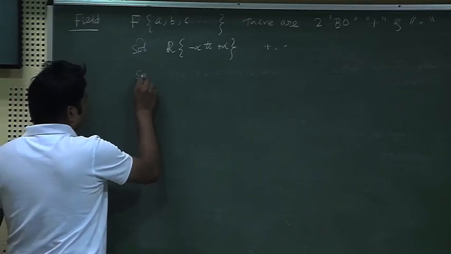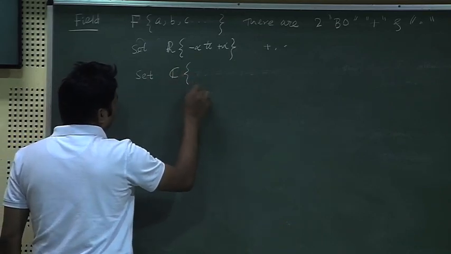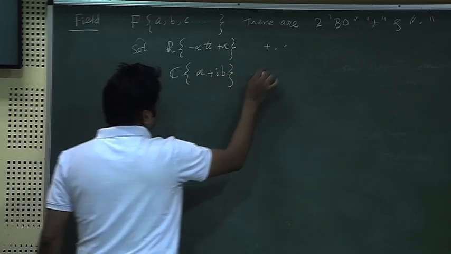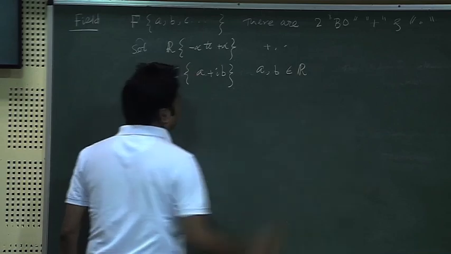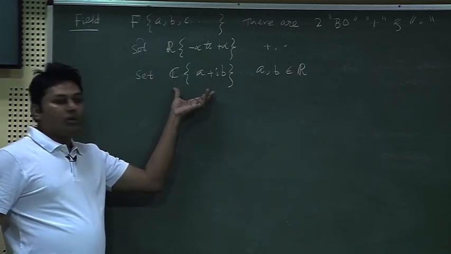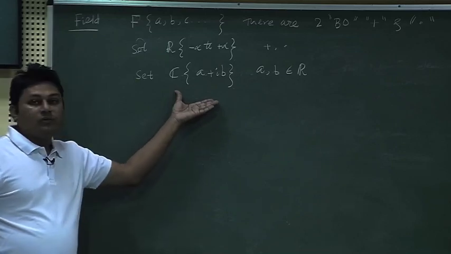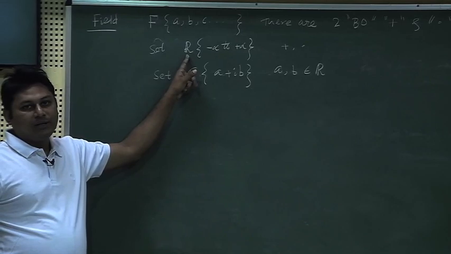Also, we will find that the set of all complex numbers, where A, B belong to the real numbers, can also form a field. So the real numbers can form a field.